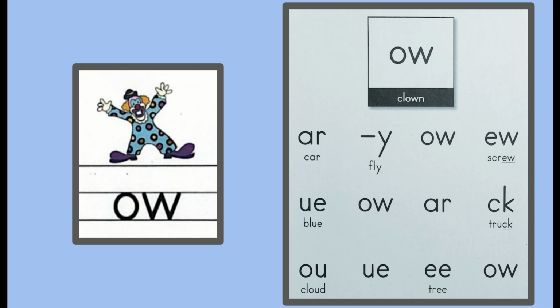Oo, blue. Ow, clown. R, car. K, truck. Ow, cloud. Oo, blue. E, tree. Ow, clown.